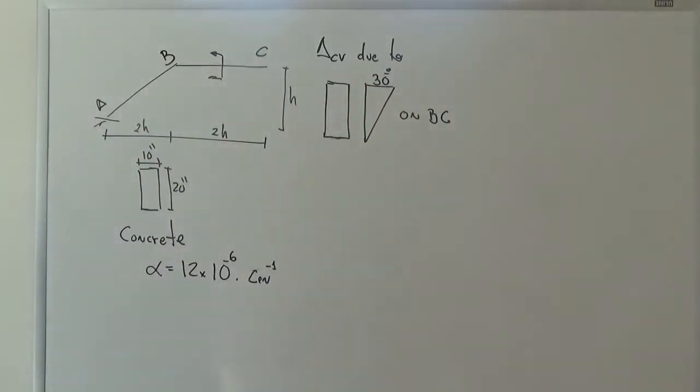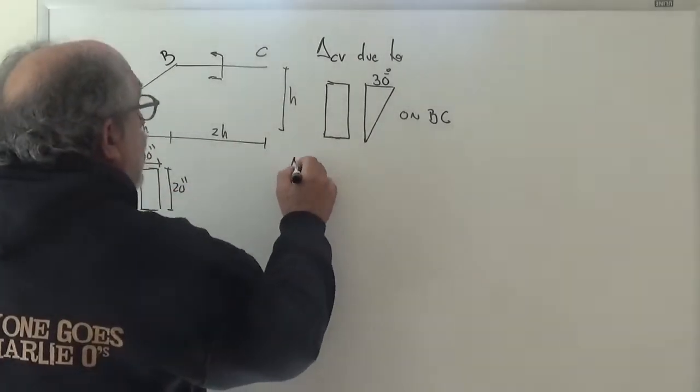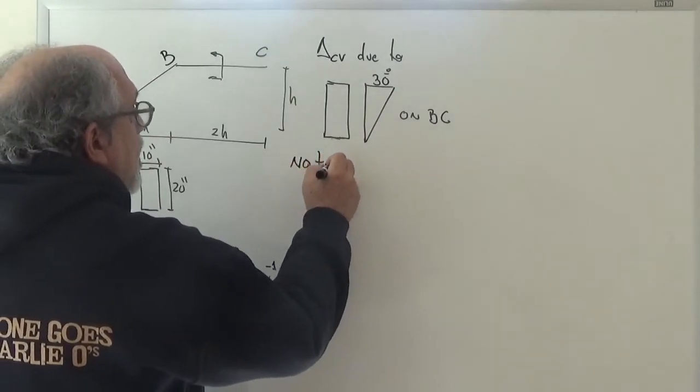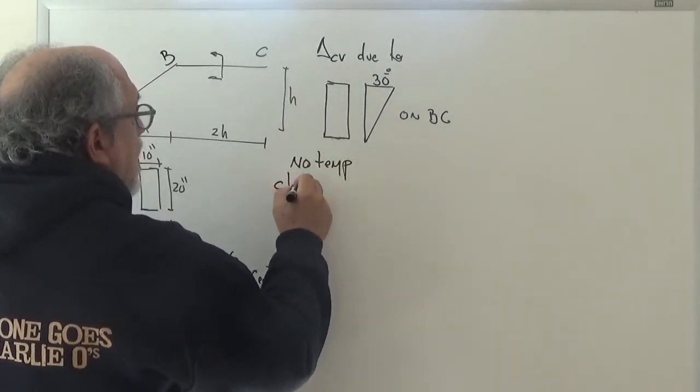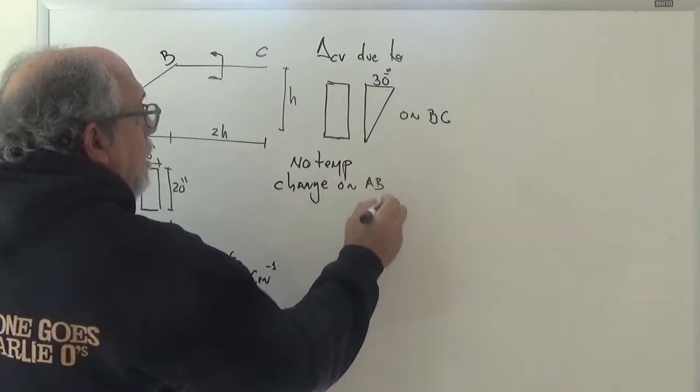And we would like to know at that time what happened to point C due to that temperature in the vertical direction. At the same time, we're assuming that there is no temperature change on AB. Okay?